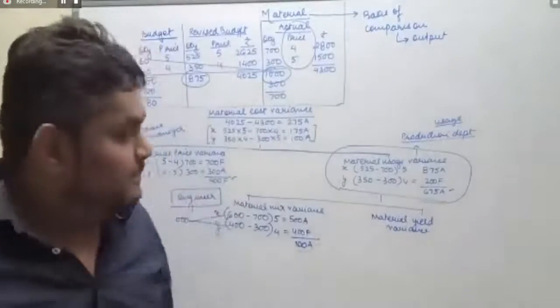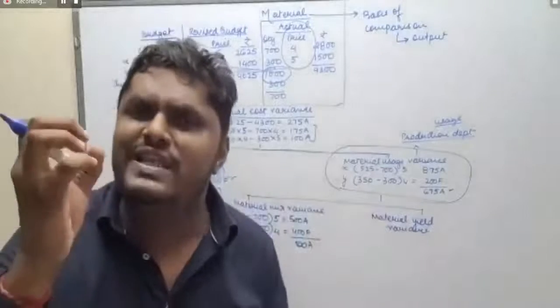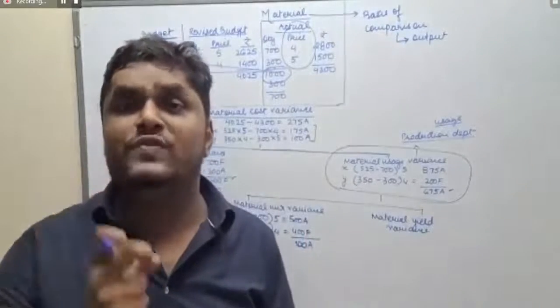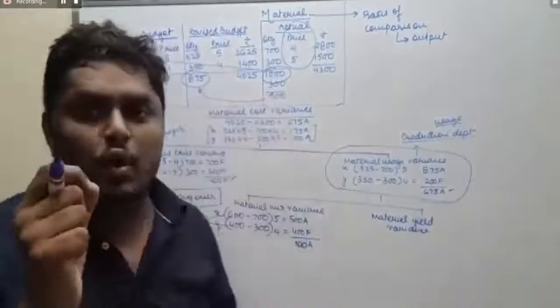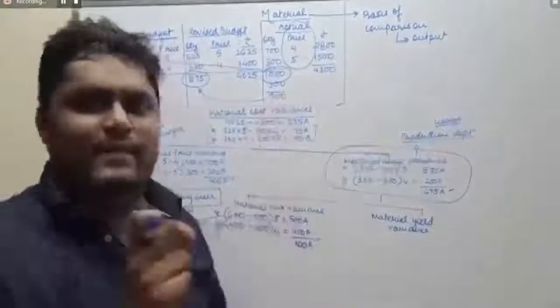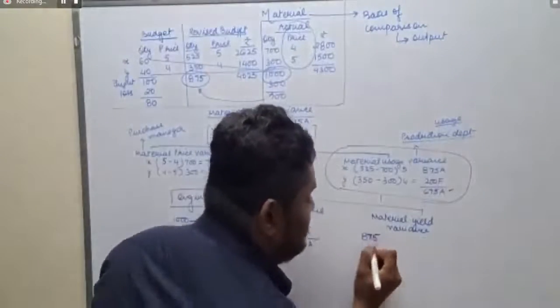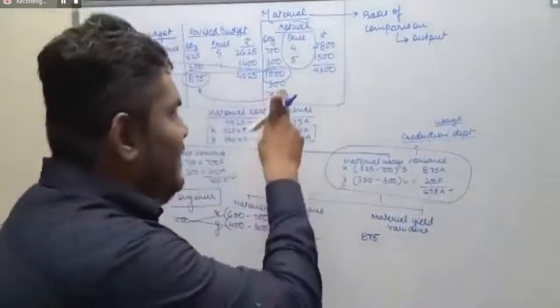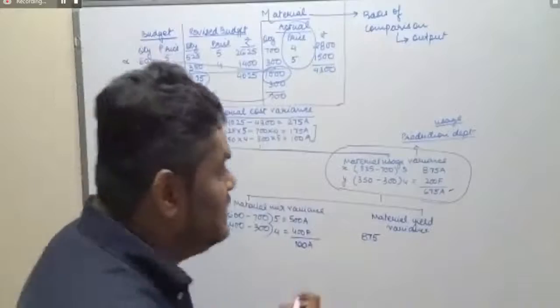So now, when talking about material yield variance, how much in aggregate input was supposed to be used for manufacturing 700 units? Very simple. The total input that was supposed to be used for manufacturing these 700 units is 875 kgs.